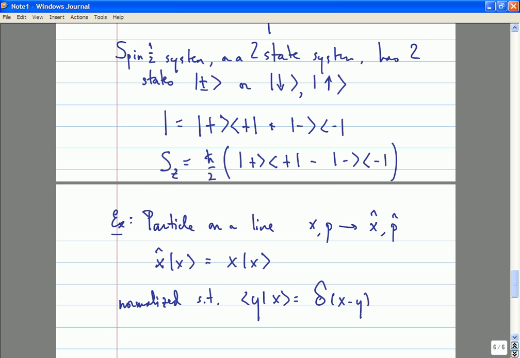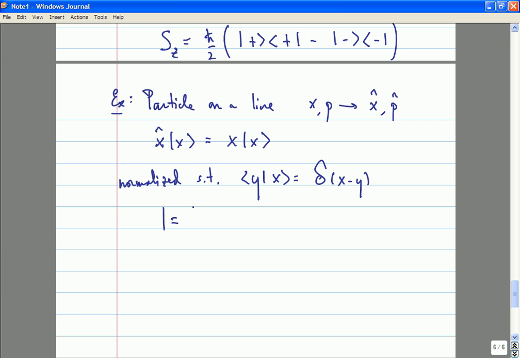Then the statement that this is a complete Hilbert space is the statement that the operator 1 is the integral over all projection operators. And then a general state psi could be expanded in terms of these basis states.